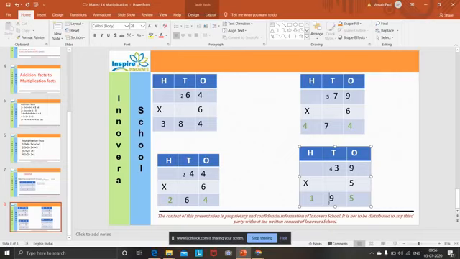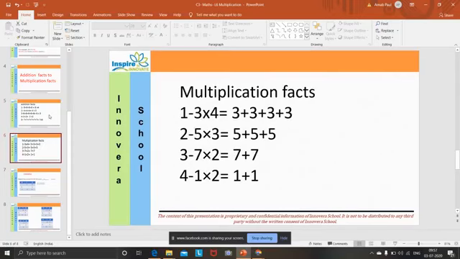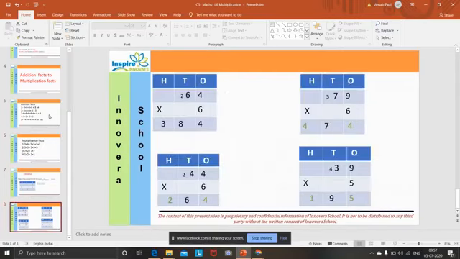For this we should first know the table. So today we have learned about addition facts, multiplication facts, and how to multiply 2 digit by 1 digit.